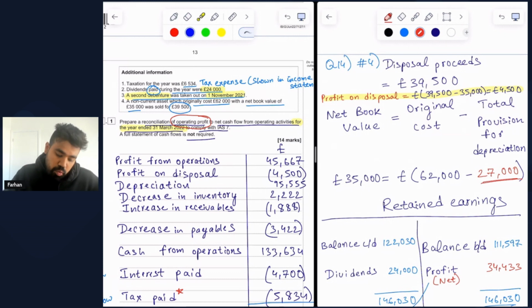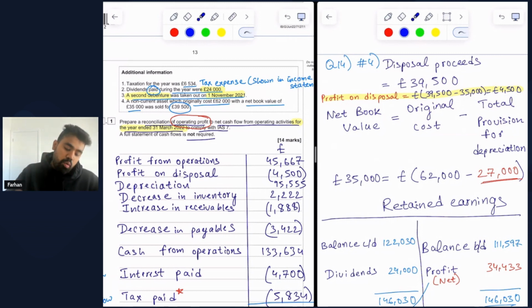At the same time, we can also find the profit on disposal. Now, the profit on disposal can be simply calculated by subtracting the net book value from the disposal proceeds. So the disposal proceeds is £39,500 and the net book value is £35,000, which means that we have sold the asset for a higher price than what it was worth at the time, and we have made a profit of £4,500.